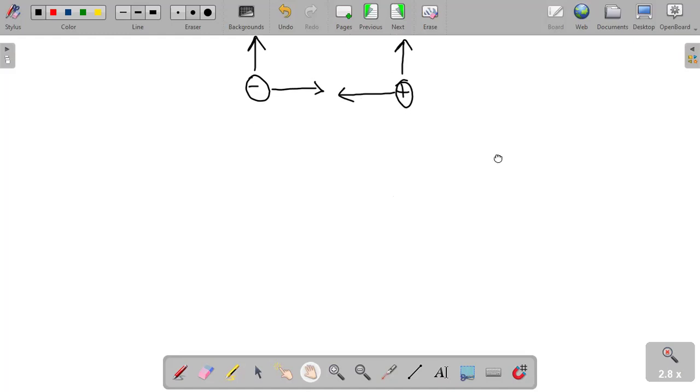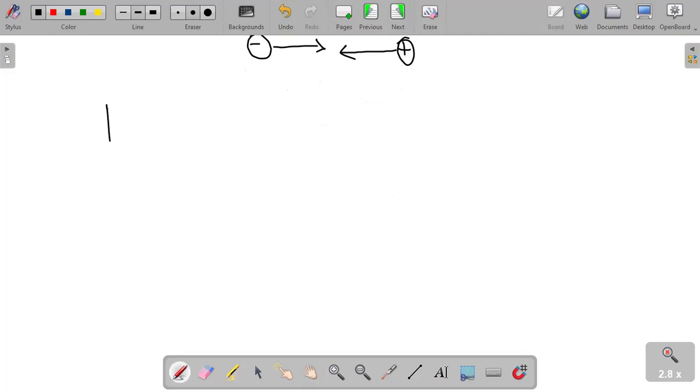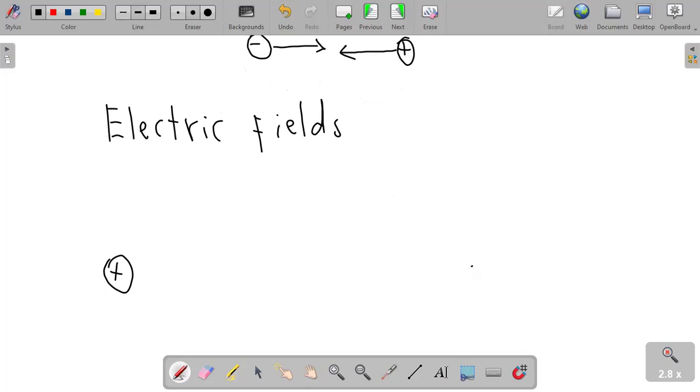And then electric fields. For a positive charge and a negative charge, the electric field is pointing in for one and pointing out for the other.